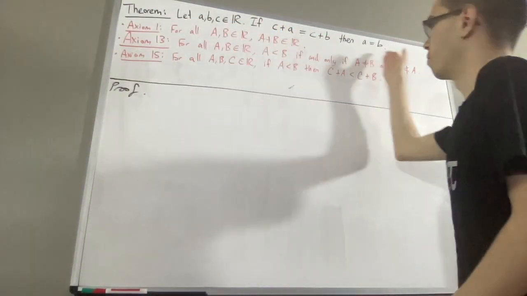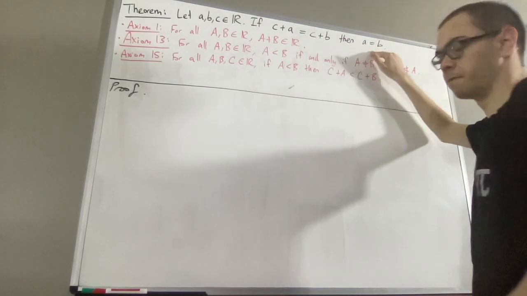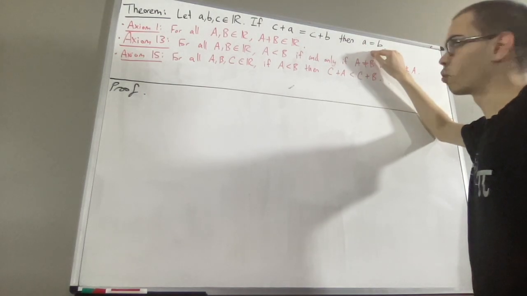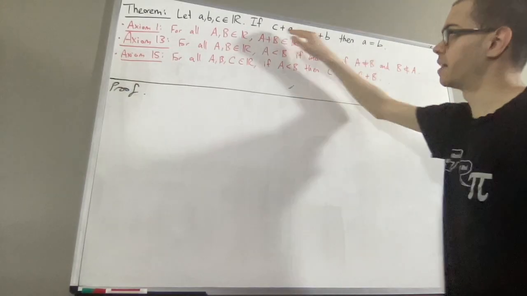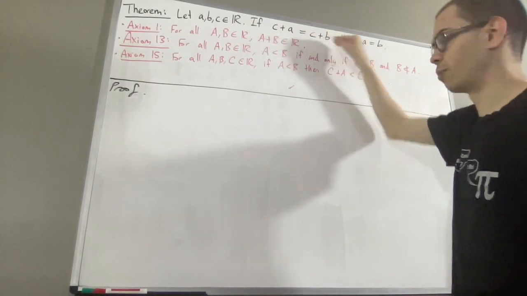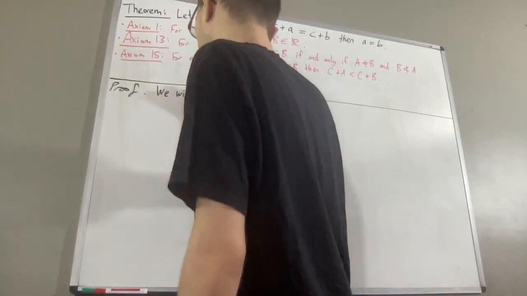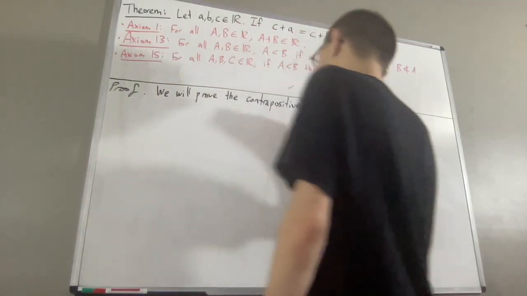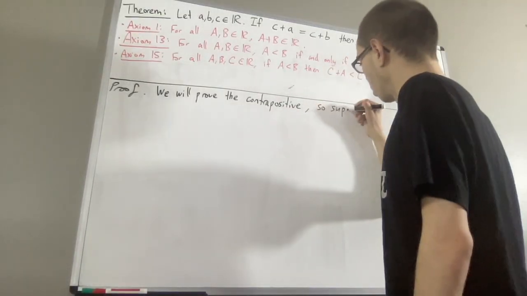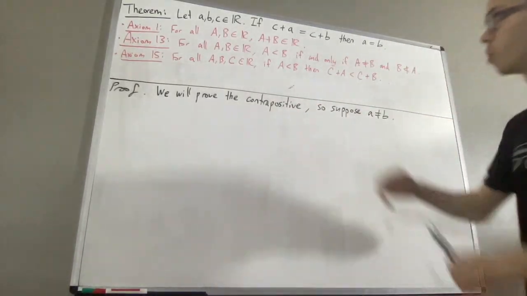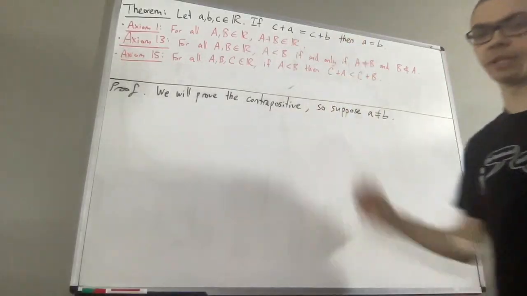Now, to prove this theorem, we're actually going to prove the contrapositive of this statement, which means we're going to prove if a is not equal to b, then c plus a is not equal to c plus b. So to prove that, let's suppose a is not equal to b. From here, we are going to show that c plus a is not equal to c plus b.